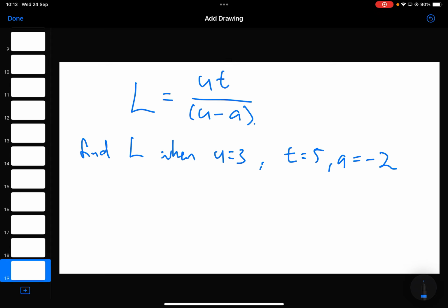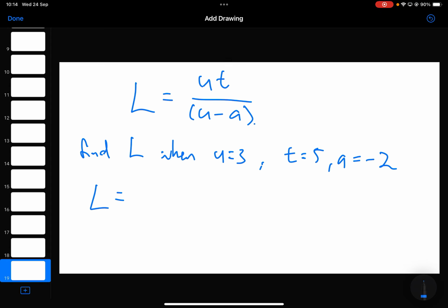Then when they ask you to find a specific L, they give you all these numbers already. So your job is just to put these numbers inside the original equation. So my L is equal to, and the technique of substitution I told you already. Everything that you don't substitute, you don't change. Anything that you substitute, you put in a bracket.